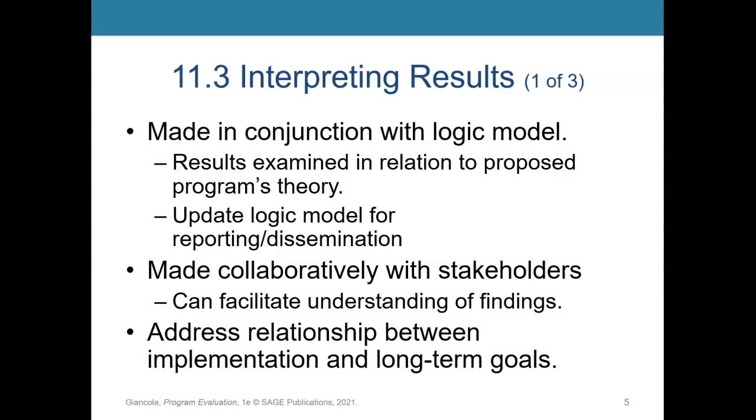The more detailed, or the more accurate tweaks we can make to our logic model, the more we have something that we can use for reporting or disseminating at the end of our evaluation.